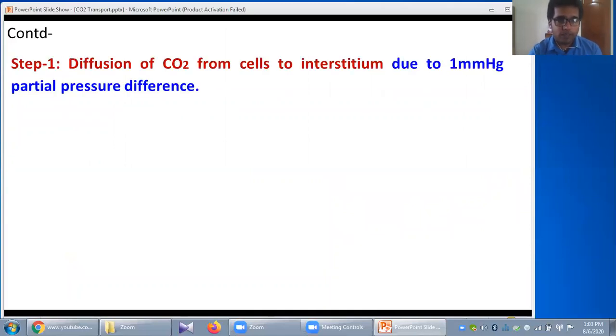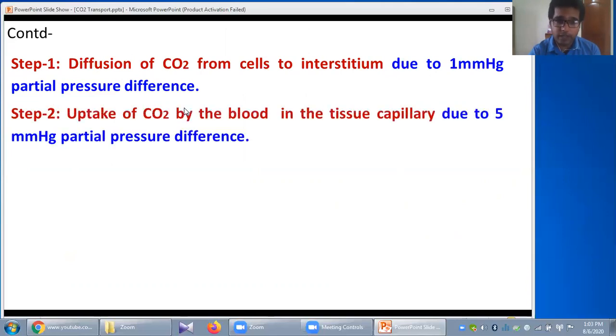So the very first step of carbon dioxide transport is the diffusion of carbon dioxide from cells to the interstitium due to a 1 millimeter of mercury partial pressure difference. Okay, I have already explained this.